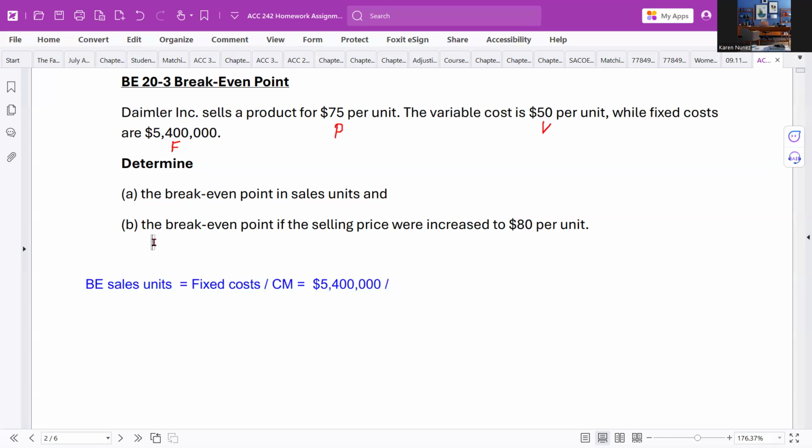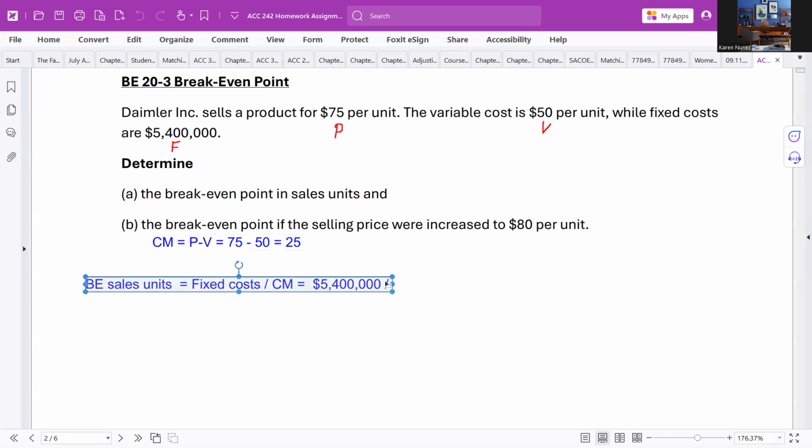So just a little note here that unit contribution margin is just P minus V, which for our purposes, we have a price of $75 and variable costs of $50. So P minus V, or the unit contribution margin, is exactly $25.